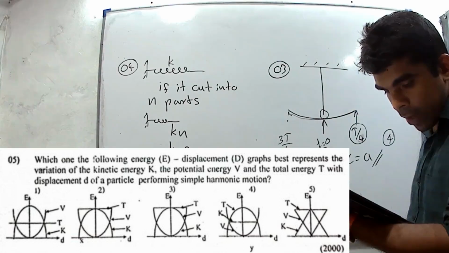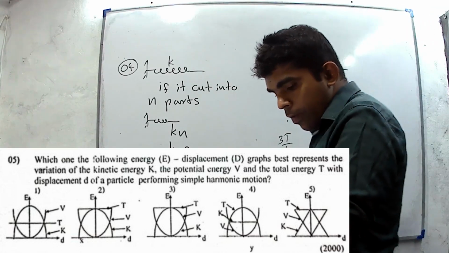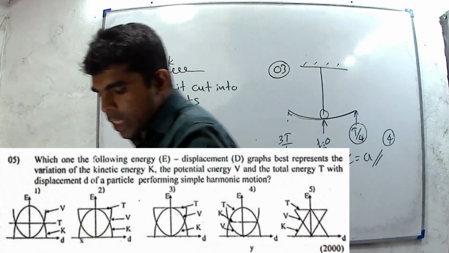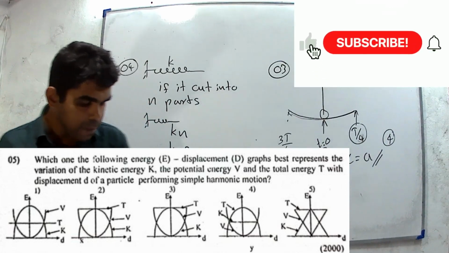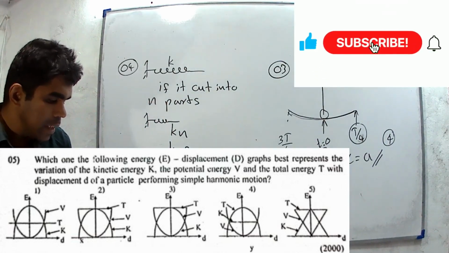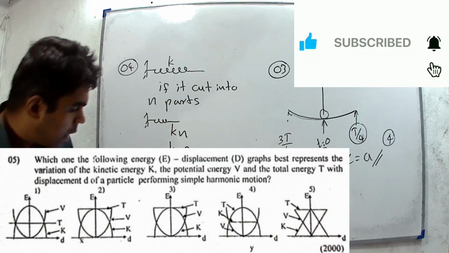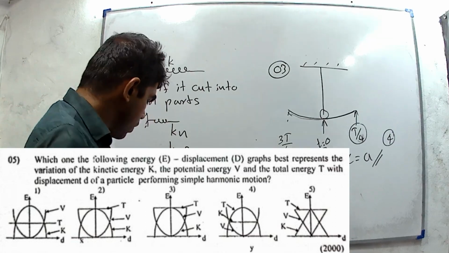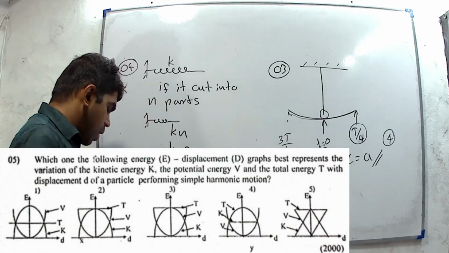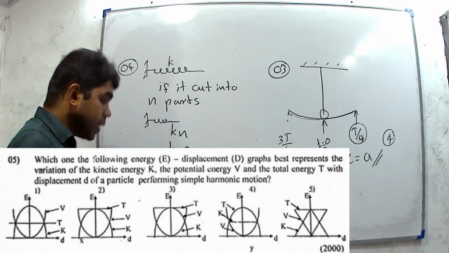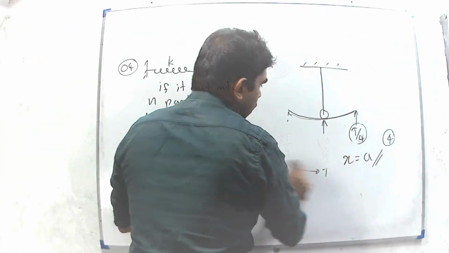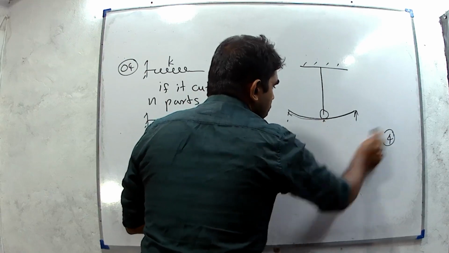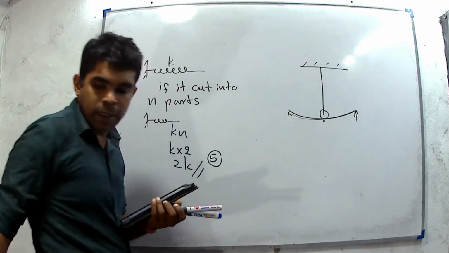Then question number 5. Which one of the following energy displacement graphs best represents the variation of kinetic energy K, potential energy V, and total energy T with the displacement of a particle performing simple harmonic motion? Now I will consider this diagram again, a simple pendulum.